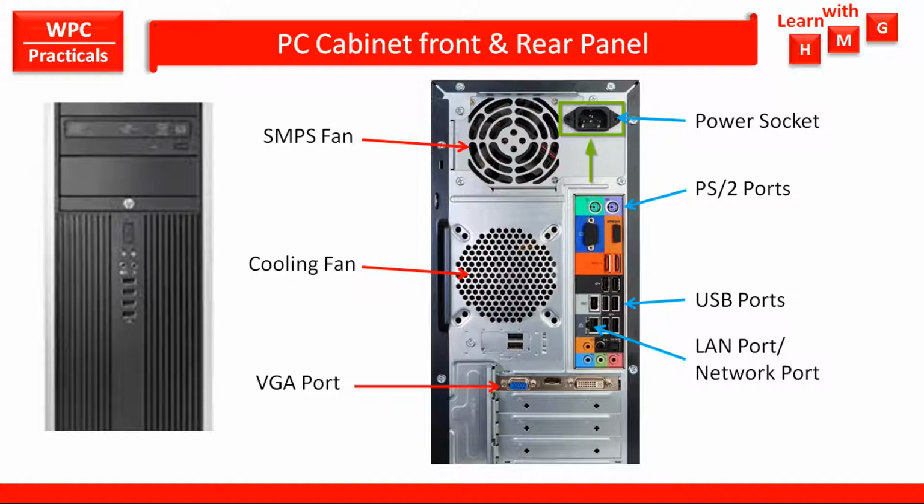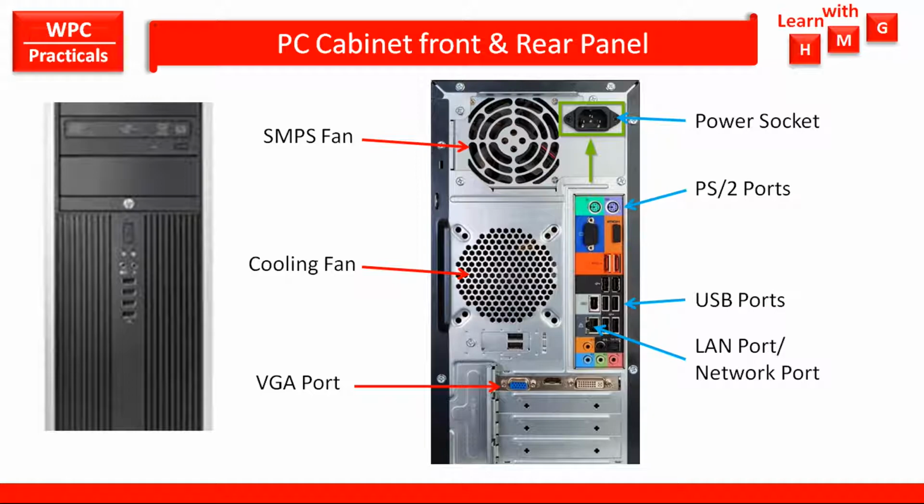Then below this there are some ports. The first 2 ports, that is the green and this violet port, are called PS2 ports, and these are used to connect a mouse and keyboard. PS2 type mouse and keyboards are connected here.